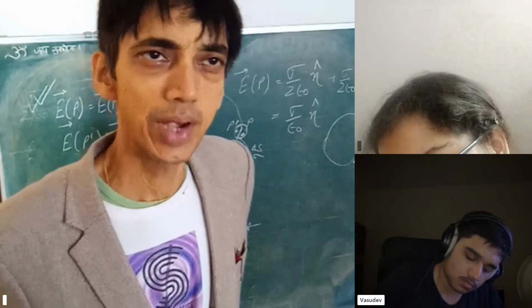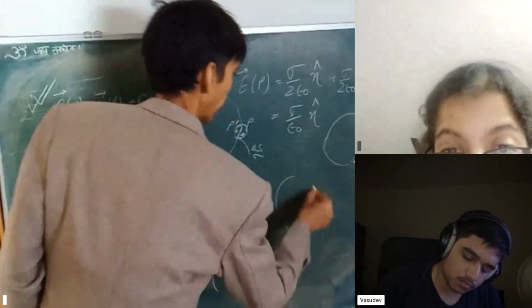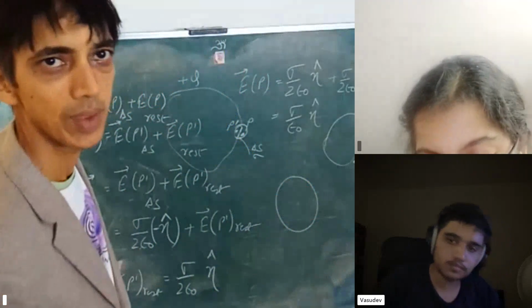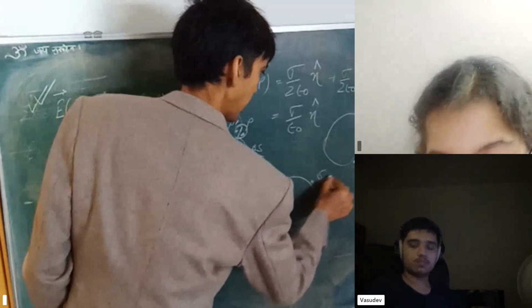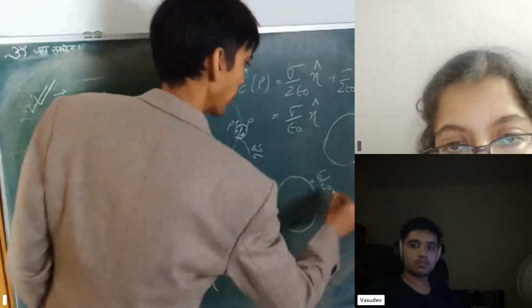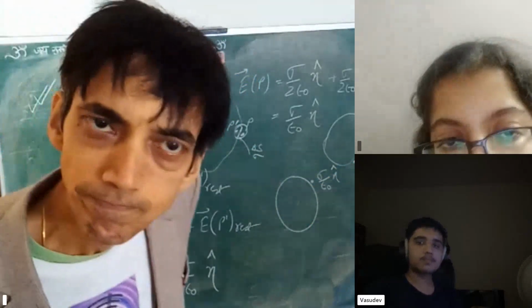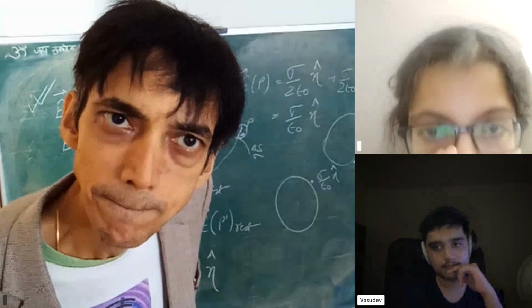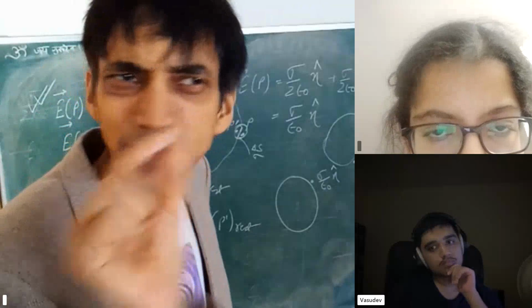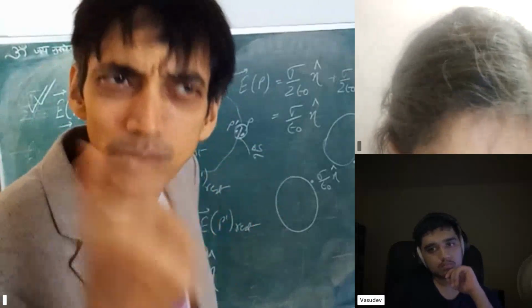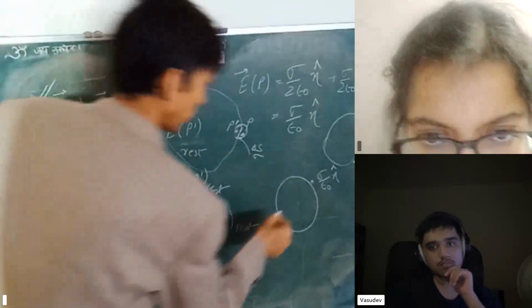Now, just to quickly relate to this, because we are running slightly thin on time, this is a sphere of certain radius. The only field over here at this point, just now we got, is sigma by epsilon naught radially outward. Agreed? If the sphere which we have taken is allowed to expand, what happens?